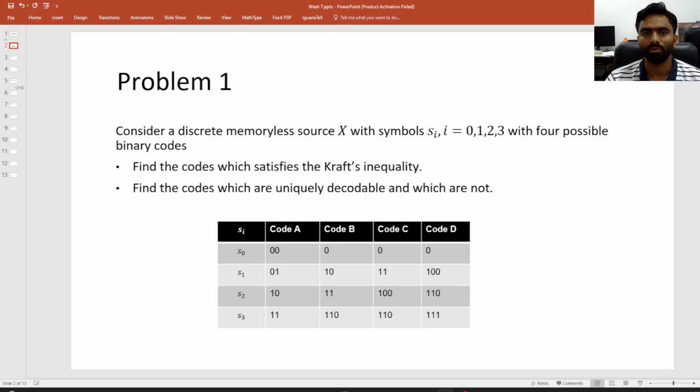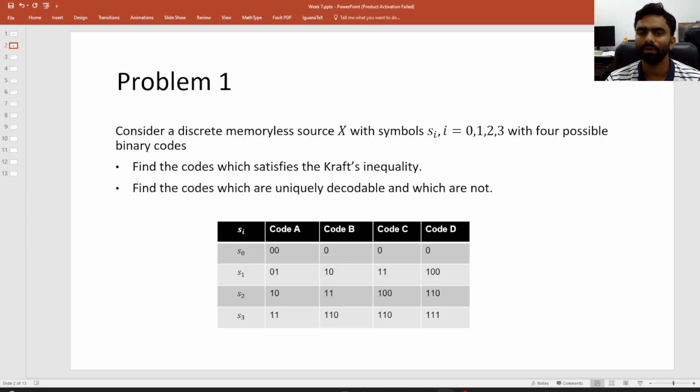In problem number 1, we have considered a discrete memory source X with symbols Si, where i is 0, 1, 2, 3, with four possible binary codes S0, S1, S2, and S3, which are given in this table.